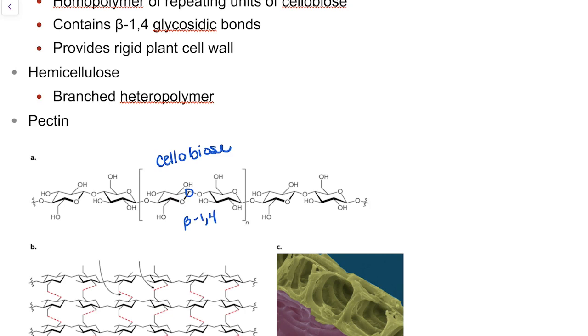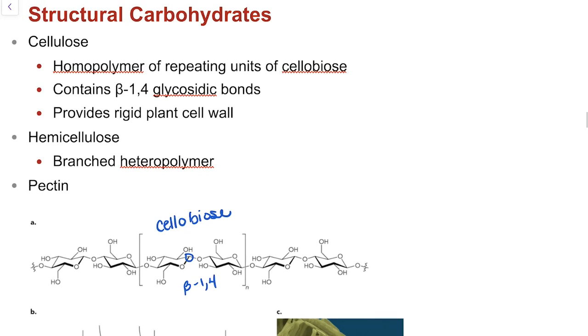Cellulose overall is that huge structure; cellobiose is just that disaccharide unit. As a general rule, what I tell my students is, if you see beta 1,4 glycosidic bonds, this pretty much always equals a structural role, and I'll show you why down below in a minute.